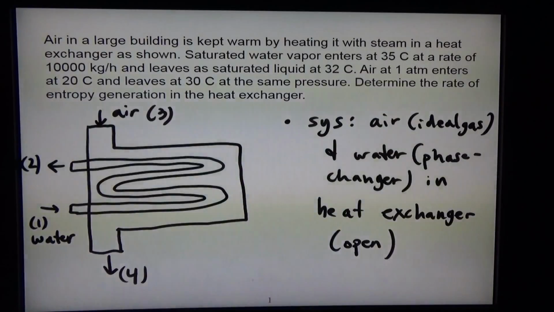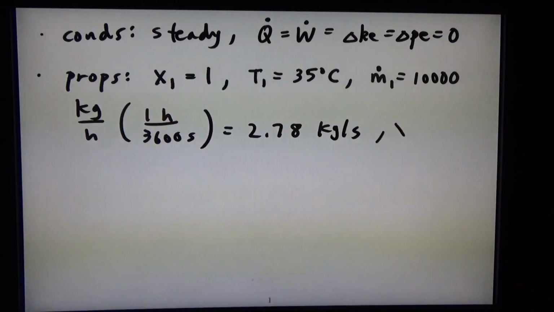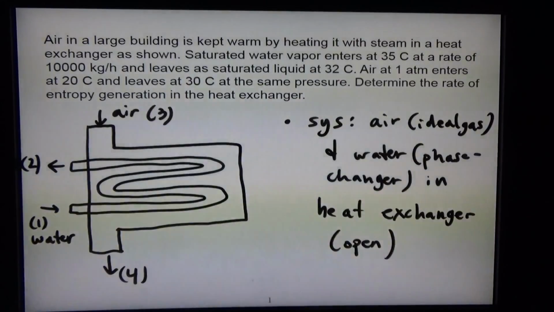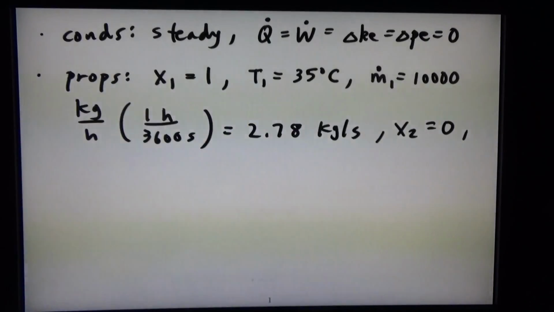And then the water leaves as a saturated liquid. So the quality at the exit for the water, X2, is 0. And last thing, the water leaves at a temperature of 32 Celsius. So that's it for the water.